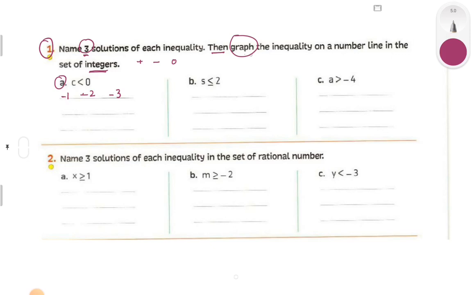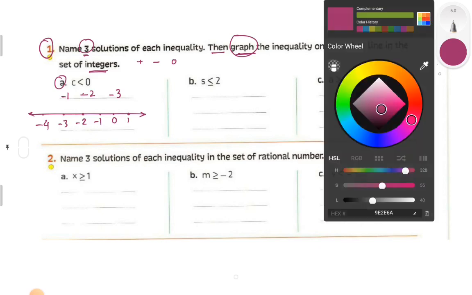To graph this solution, I need to draw the number line, and all the numbers I need are negative. So start with 1, 0, negative 1, negative 2, negative 3, and negative 4. This is a part of the number line.